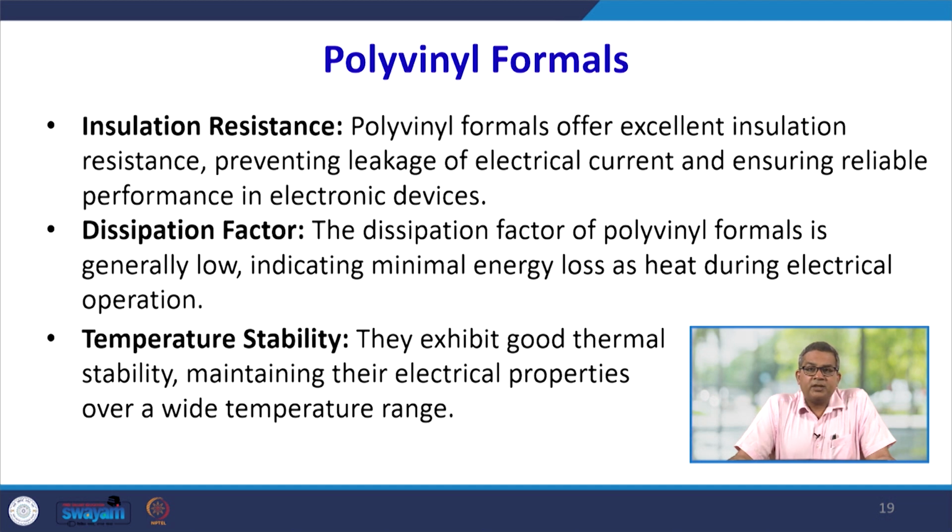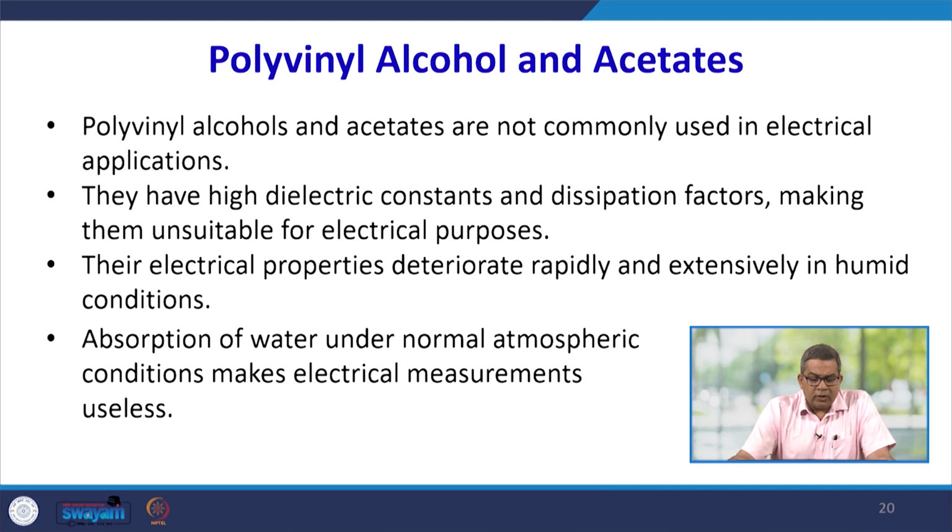Temperature stability: they exhibit good thermal stability, maintaining their electrical properties over a wide temperature range. Now let's talk about PVA, or polyvinyl alcohol, and acetates. Polyvinyl alcohol and acetates are not commonly used in electrical applications. They have a high dielectric constant and dissipation factor.